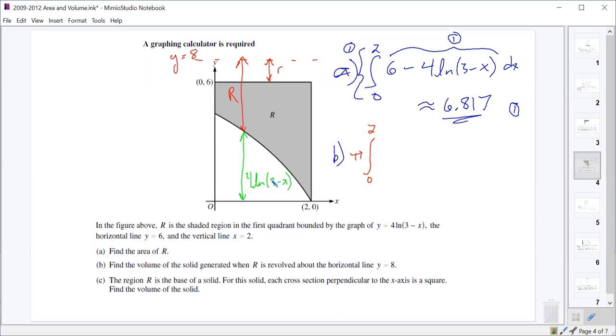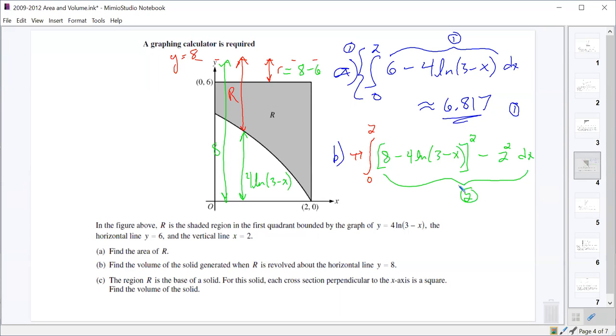And so capital R ought to be 8 minus 4 ln 3 minus x, squared, minus, and then what's our inner radius? It should be the 8 minus the 6. It should just be 2 squared dx. Or if you just write a 4 there, that's fine. Or if you put 8 minus 6 in parentheses squared, that's fine. And you have 2 points for getting this correct.